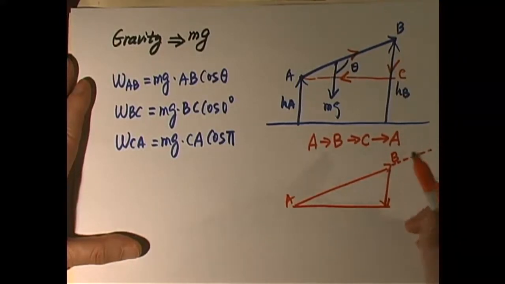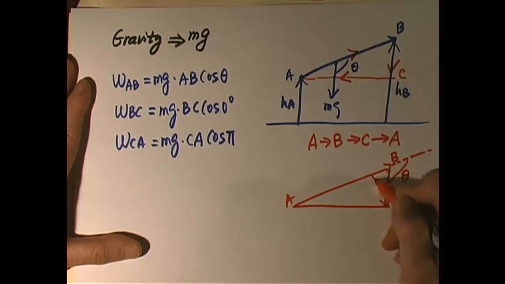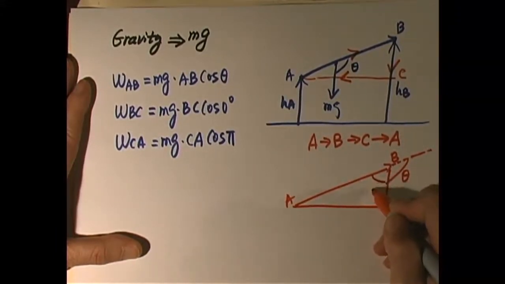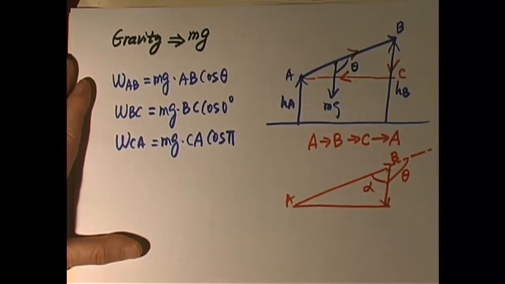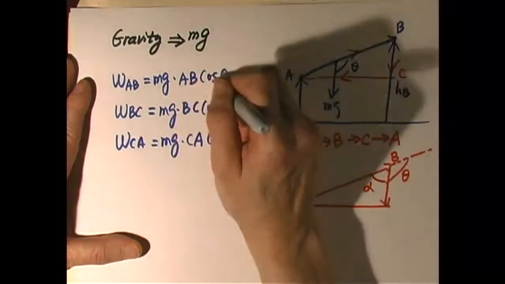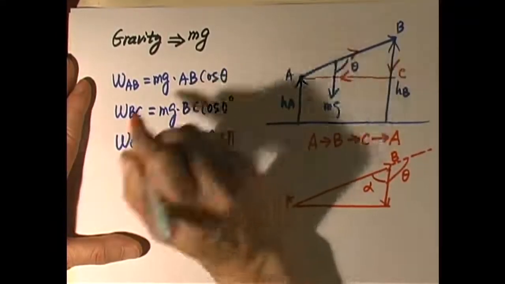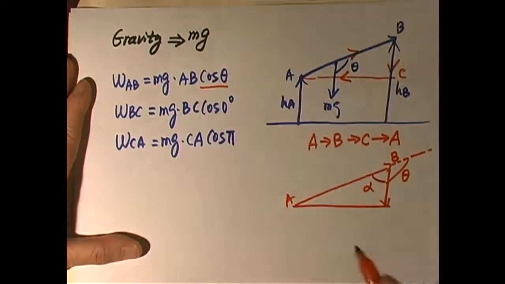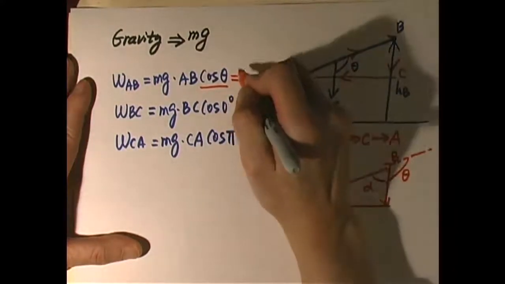So as a matter of fact, the angle theta, the cosine theta of that one, is negative cosine of that one. Let's name it alpha. So we can replace the cosine theta by negative.